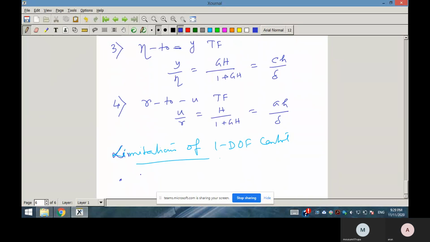Once delta S is chosen, once delta S is fixed, the polynomials HS and KS, the controller polynomials, this is your zero polynomial and this is the pole polynomial, get fixed.